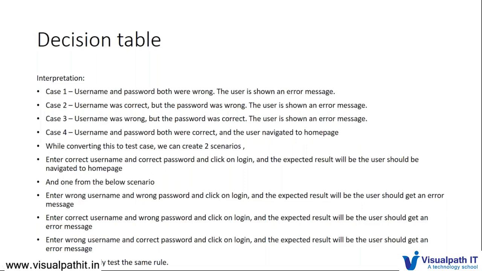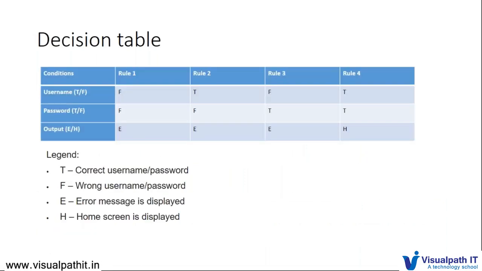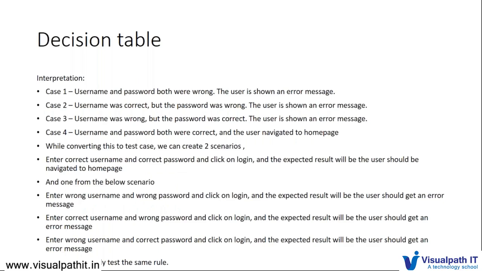Username was correct, password was wrong. The user is shown an error message. I have explained in rule number 2, username is right, password is wrong, error message is displayed. Username was wrong, but password was correct in the third case. The user will be shown an error message. Then case 4, username and password both were right, and the user should be navigated to the home page.